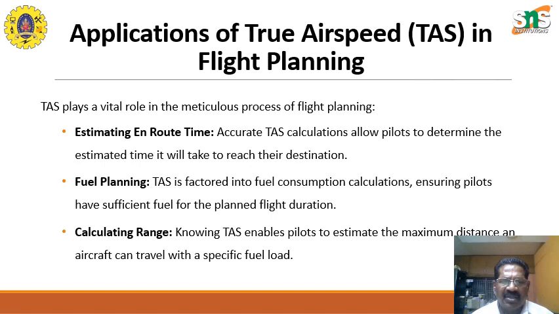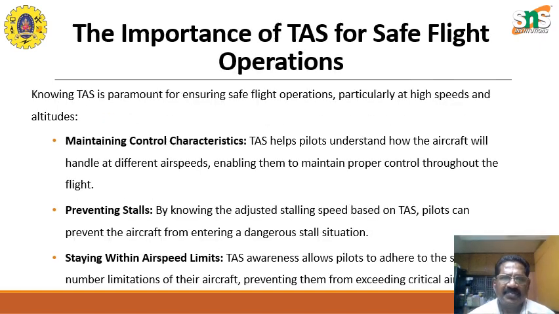Calculating the range: knowing the TAS enables the pilot to estimate the maximum distance an aircraft can travel with a specific fuel load. This reminds me of the previous case study that we posted earlier, where the pilot failed to gauge the fuel that was left, and then the air crash was imminent.